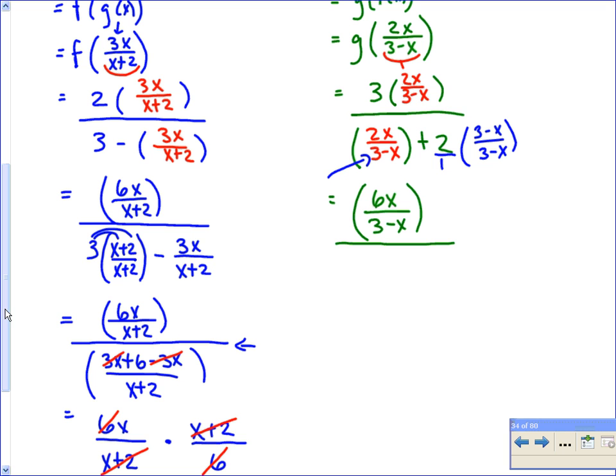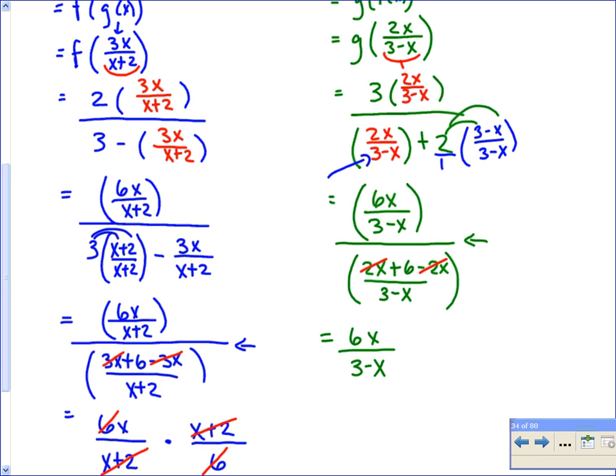So when I do that, my common denominator in the denominator is going to be 3 minus x, and in the numerator I'm going to get that 2 distributed to those two, which is going to give me 6 minus 2x. Okay, now I have this, and then what we should notice is that these two are going to cancel, and I end up with 6x over 3 minus x.